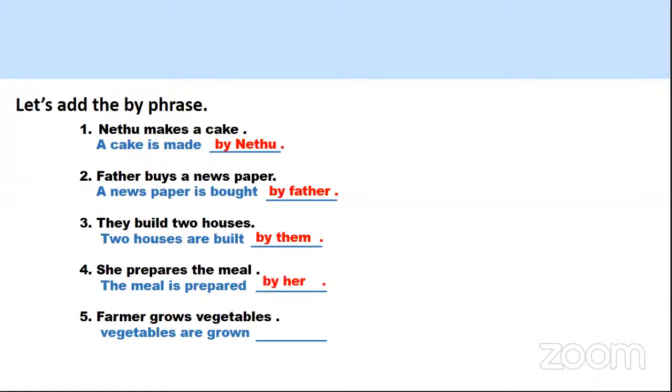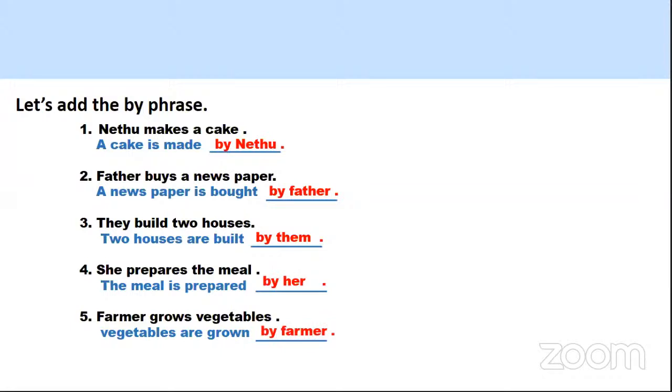The subject in the fourth active voice sentence is she. It is the subject pronoun. Then how to add it in the passive voice sentence? You have to use the object pronoun there, then by her. The last one. Farmer is the subject. So you are going to add it as a by phrase, by farmer.